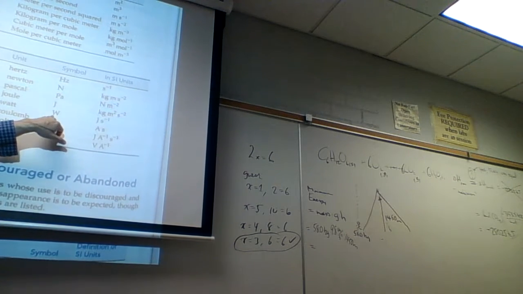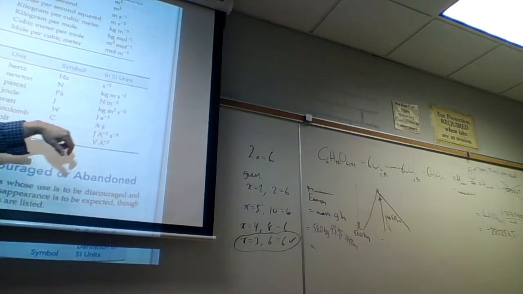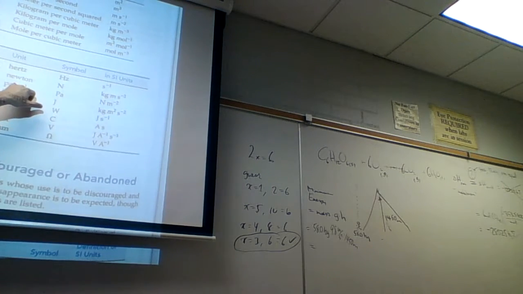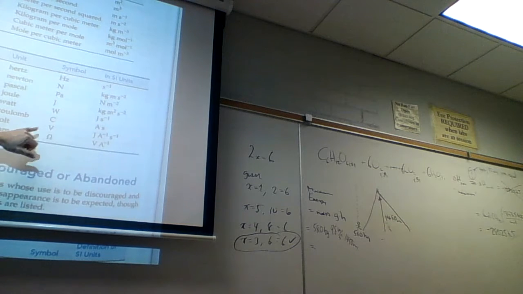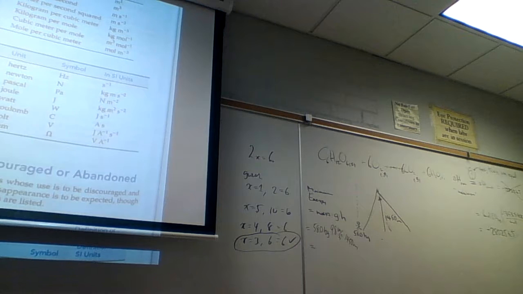A watt, which is joule per second. A coulomb, which is an amp per second. A pascal, which is Newton per meter. A Newton, kilogram meters per second squared. A volt, an ohm, a coulomb, and we'll get into that.